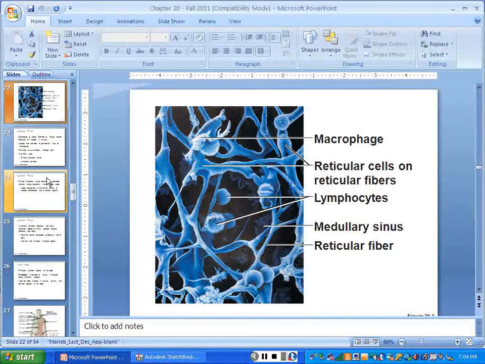We did some elastic fibers in loose areolar connective tissue. Also some elastic fibers in certain cartilage that's found in the ear, elastic cartilage. Reticular tissue is the tissue of the lymphatic organs. You'll find this in the bone marrow, the spleen, the tonsil, and the lymph node.